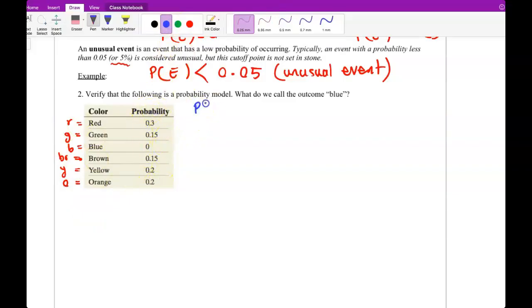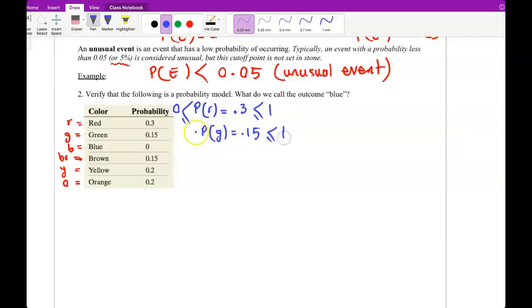So the probability of red is equal to 0.3, and this is between 0 and 1. So obviously this number is between 0 and 1, so we satisfy the first rule. Now, the probability of green is equal to 0.15.